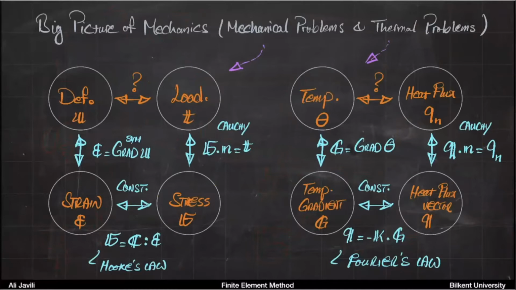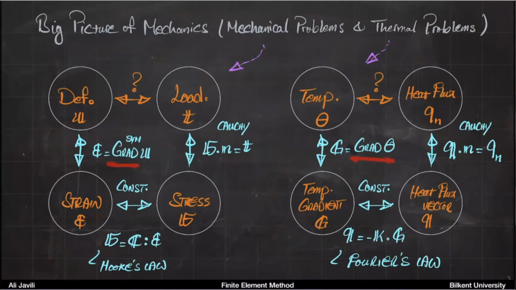In view of that, you can think of this big picture of mechanics. Again, in a mechanical problem, you want to connect deformation to load. In a thermal problem, you want to connect temperature to heat flux. These operators, gradient of u and gradient of theta, you see here.